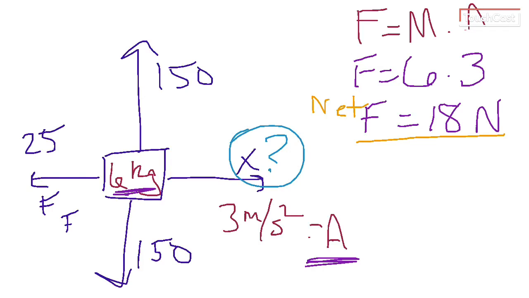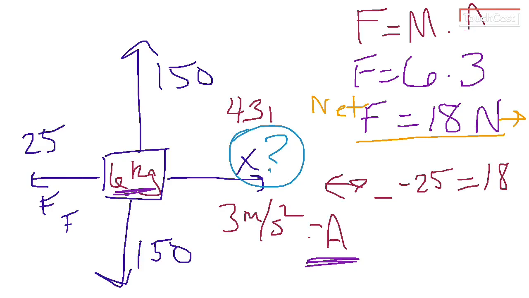That means our net force has to be 18 newtons to the right. With that being the case, our x over here has to actually be 18 more than 25, right? So net force left to right has to be something minus 25 equals 18. And so x, our actual force there, is 43 newtons.